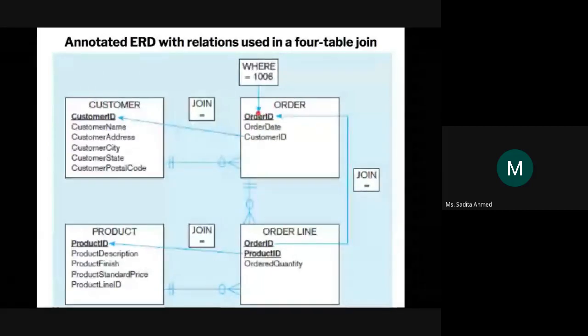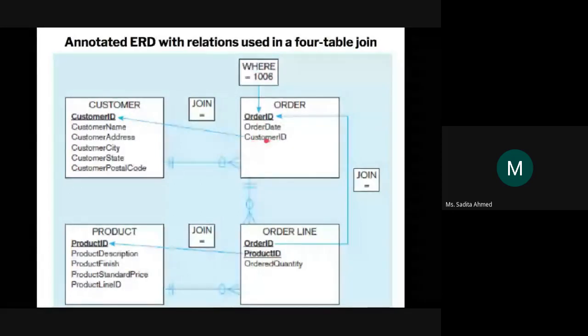I found that row, fine. Then from that row I go to the order line table. In the order line table we find out, for the row where order ID is 1006, what is the value of product ID, right? And also from the record in the order table for order ID 1006, what's the customer ID?